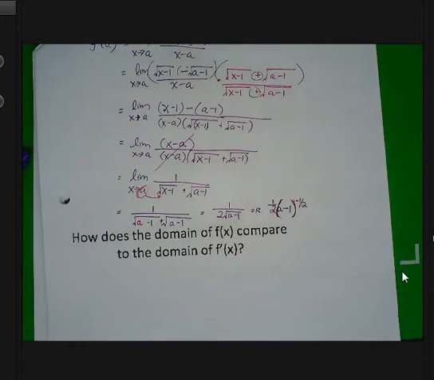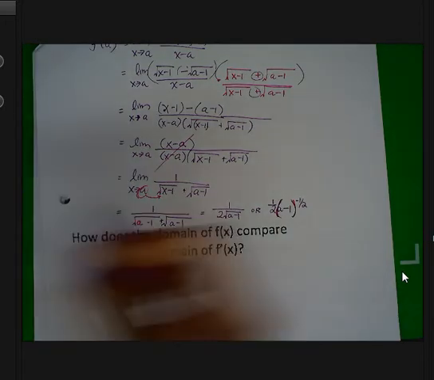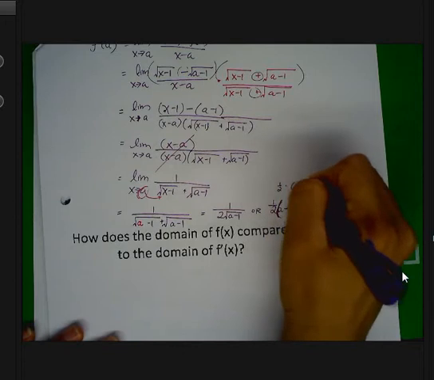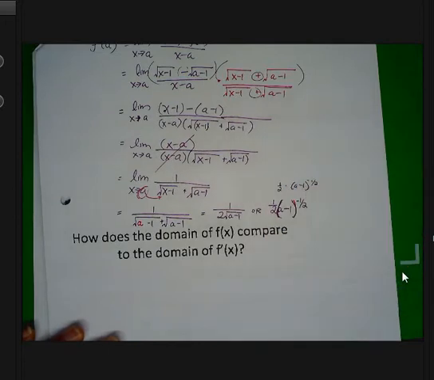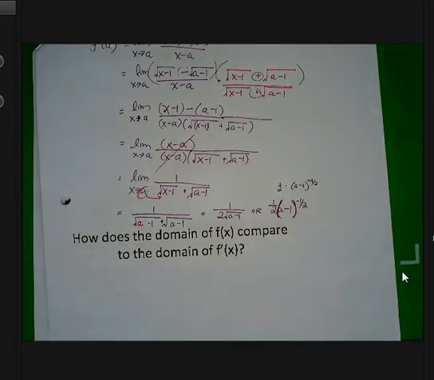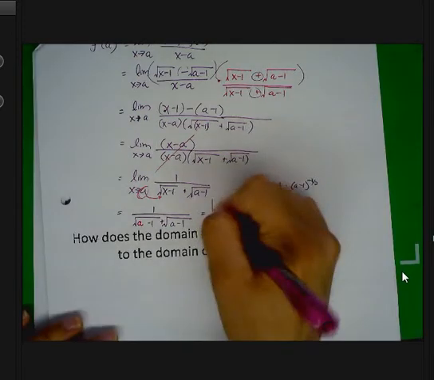Let me write it again: 1/2 times a minus 1 to the negative 1/2. The 1/2 makes it a square root. The negative makes it in the denominator, right? So you can write it either way.